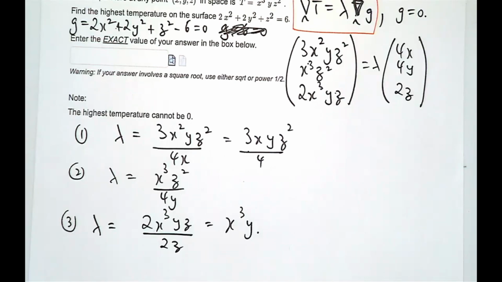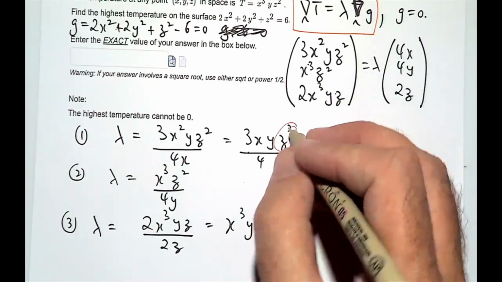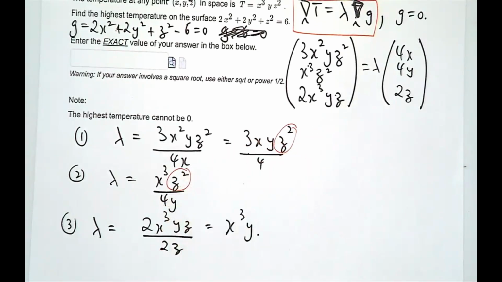So now you're faced with a challenge of how to solve these equations. I'm looking at these very carefully now, and I'm trying to look for patterns between the equations. There's a couple of things that I can see. Maybe you can see other things, but the first thing I see is that there's a z squared there and a z squared there.